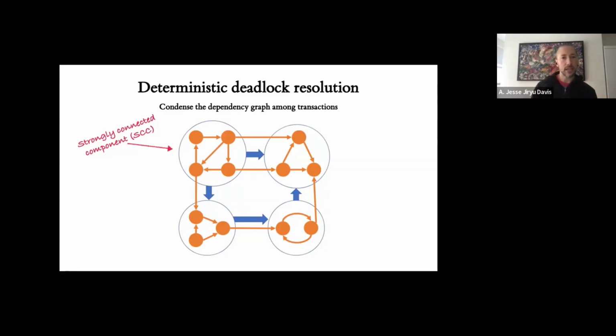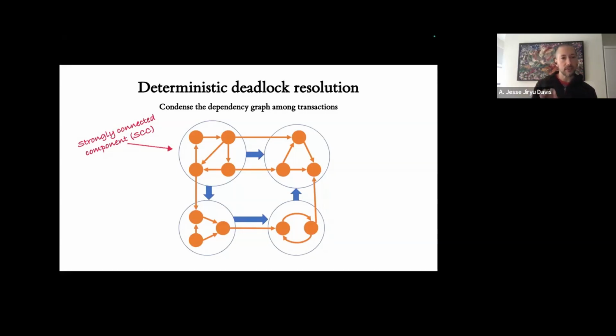So you can see in any one of those circled orange subgraphs, starting from any node, you can reach any other node in there. But for the graph as a whole, that's not true. You could start at one node and it's not reachable from another node.